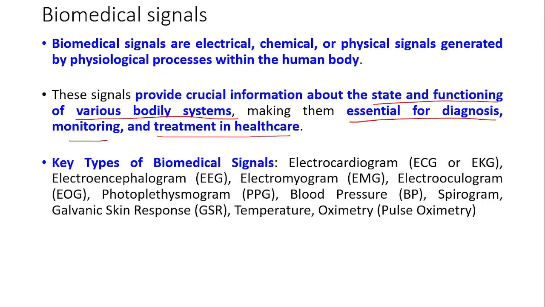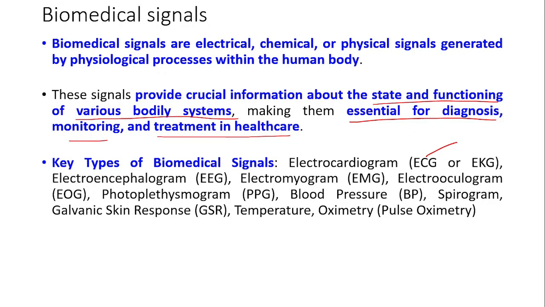Next, what are the key types of biomedical signals? The key types include the ECG. Why does ECG always come first whenever we talk about biomedical signals? Everyone will commonly say ECG. This is because our heart is a unique system where the heart muscles are autonomously beating in a synchronized manner.